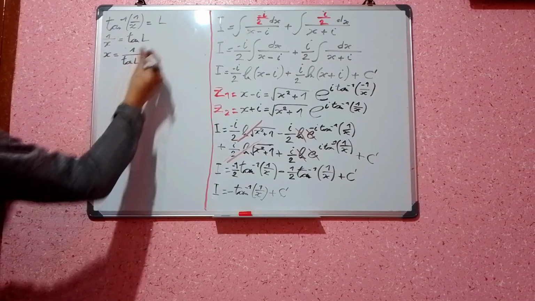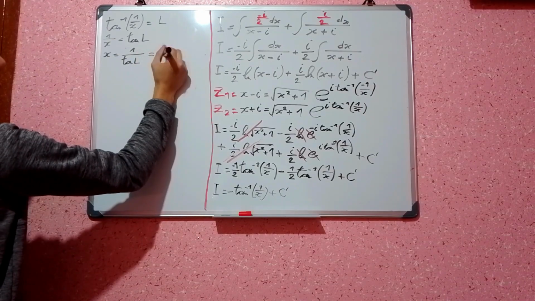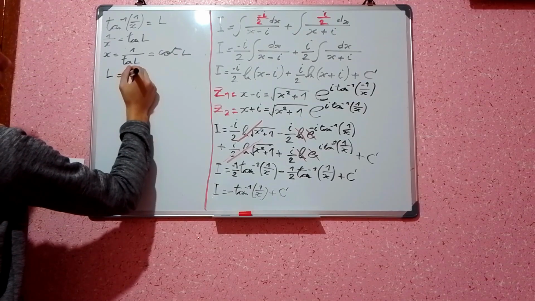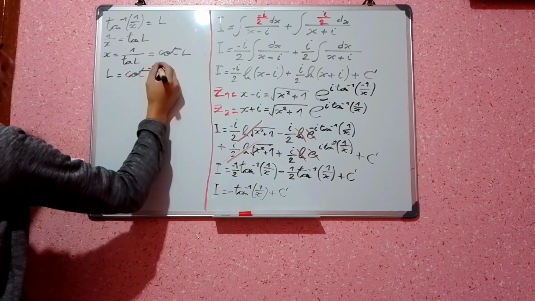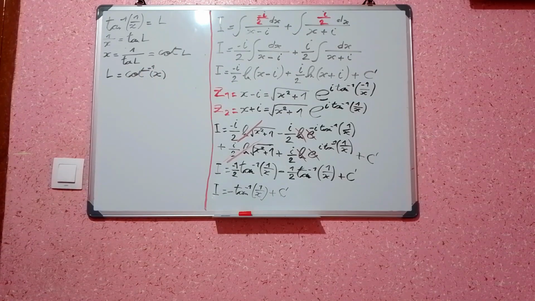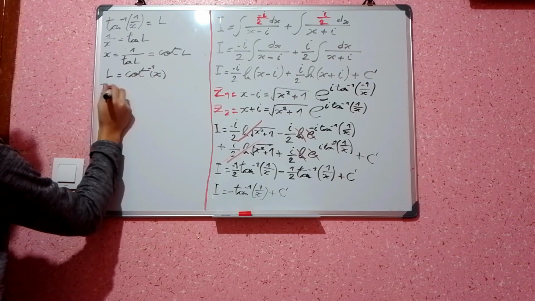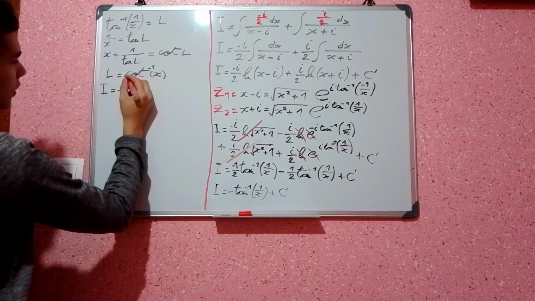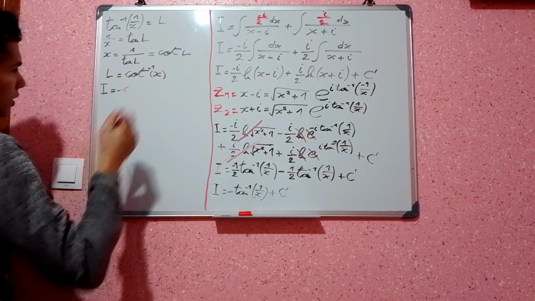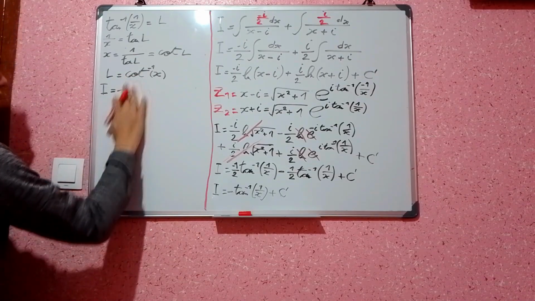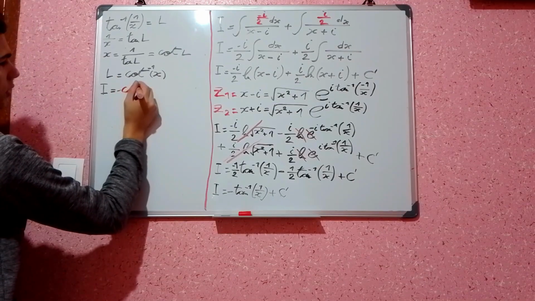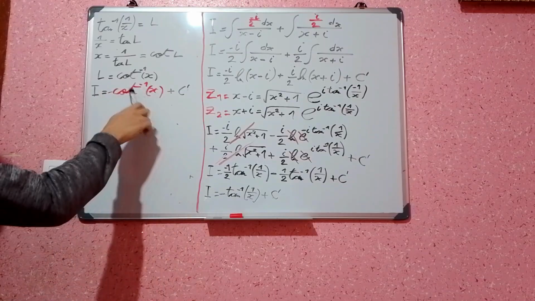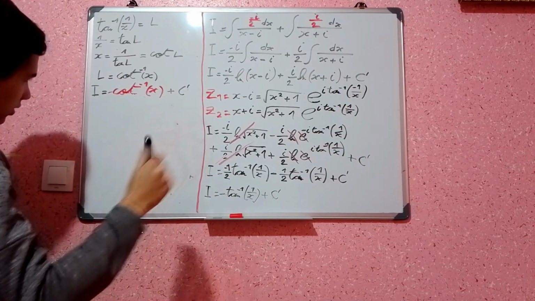Which is the same as cotangent L. So L equals inverse cotangent of x, okay? Put it here, you get I equals inverse cotangent of x. Okay, we will continue with simplifying this part and make it inverse tangent, okay?